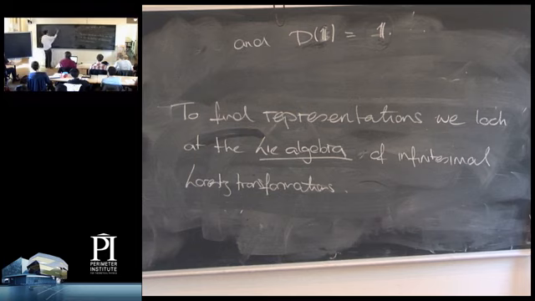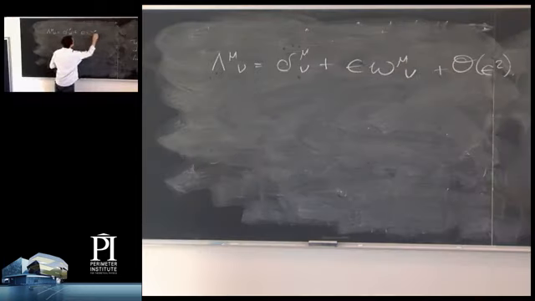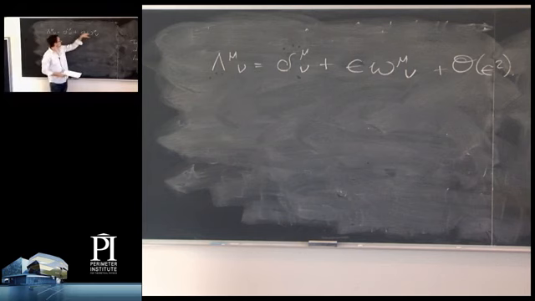Okay, so what's an infinitesimal transformation? We take a Lorentz transformation which does nothing, and then something which is small, and by small we mean it's of order epsilon.